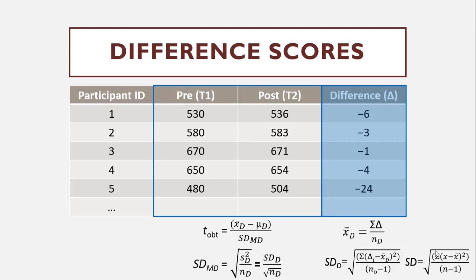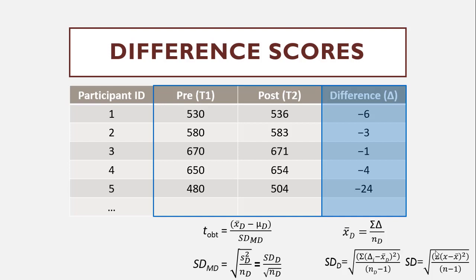Well, the standard deviation of the difference scores is going to be the same general idea. We're going to, for each difference score, subtract the average difference score, square that to get the squared deviations around the mean difference. So how far is -6 for this first person from our average difference score?